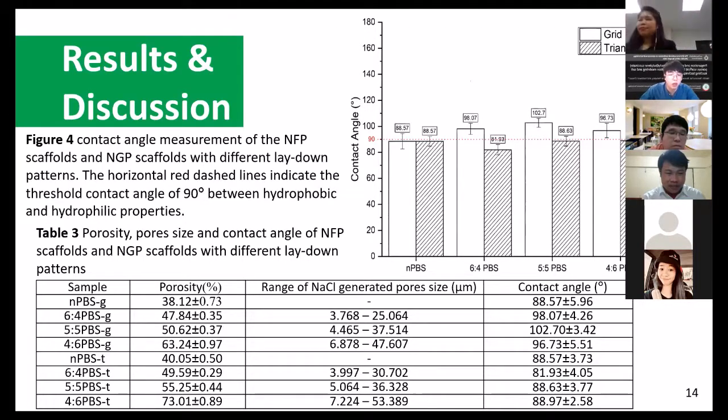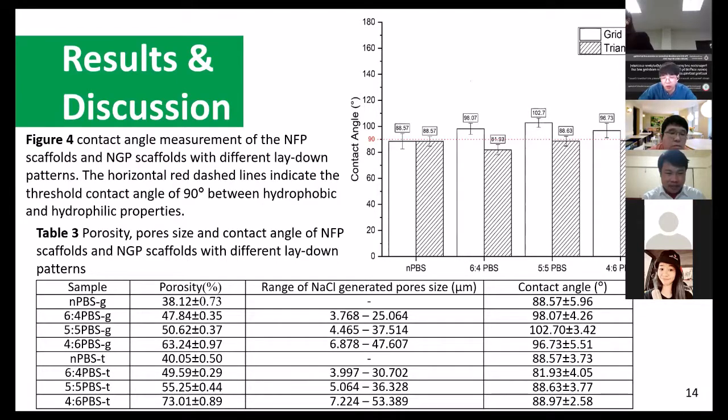And when focusing on the two raster patterns of NGP scaffolds, the triangle raster pattern has a lower contact angle value than the grid pattern. It was found that the triangle pattern has more space, or more void, between filaments in the scaffold structure, which increased the influence of gravity force on the water droplet.